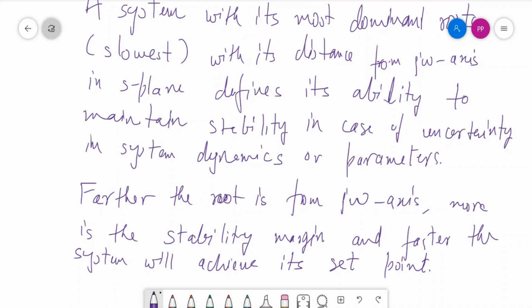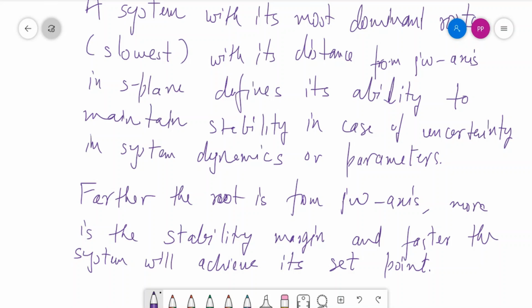So in a nutshell we can say that if the roots of a system are away from the imaginary axis in S-plane, then the system response will die down fast, the transient will settle down fast, and thus the relative stability of the system will have more stability margin.